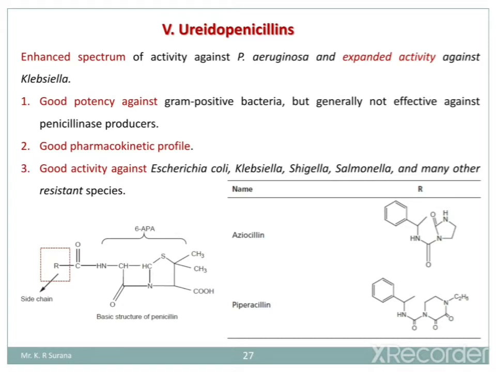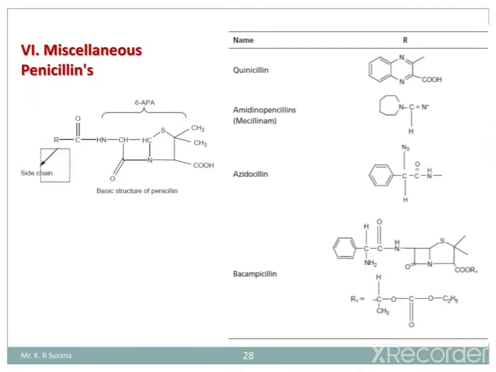So this is about ureidopenicillins. Next is your miscellaneous penicillins. Again the basic structure is given over here, and at the R group we have to substitute. An example is your quinacillin; you can see the particular substituent, with 1,4 nitrogen.